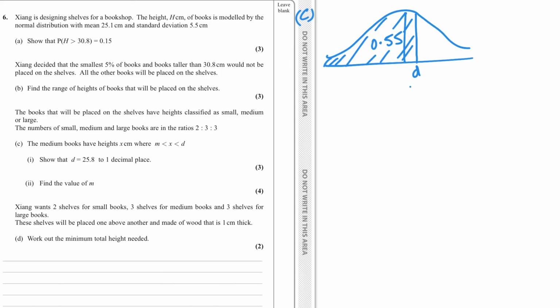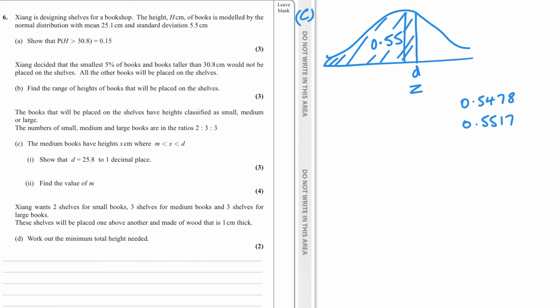Now, first thing I need to do is actually find the Z value where this 0.55 is. So if I go to my tables, I don't want to go down the Z values, I need to go down the probability side. So I'm looking down the probability side for the value closest to 0.55. And I can see two, 0.5478 and 0.5517.